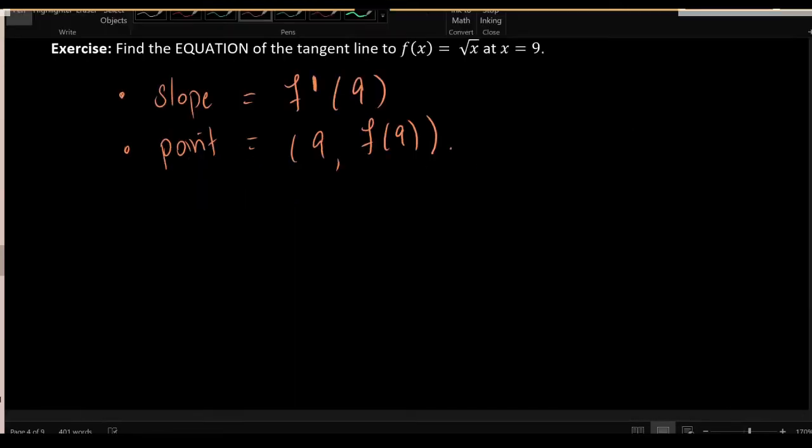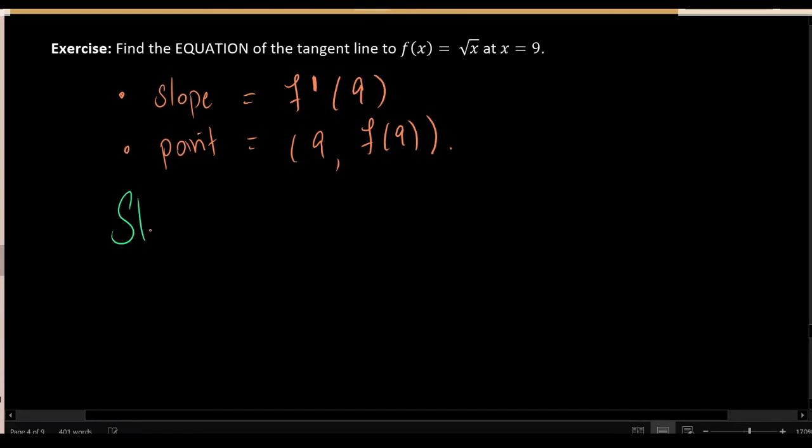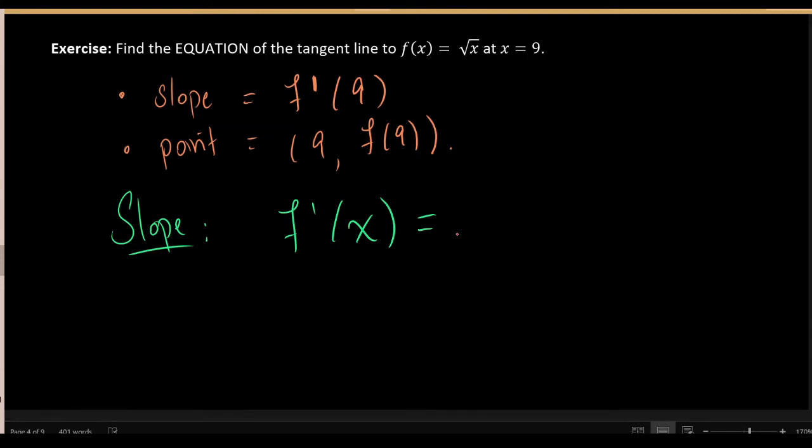Now working on the slope, I need to find f prime of 9, which means that I need to first find f prime at x so that afterward I can plug 9 into that formula.